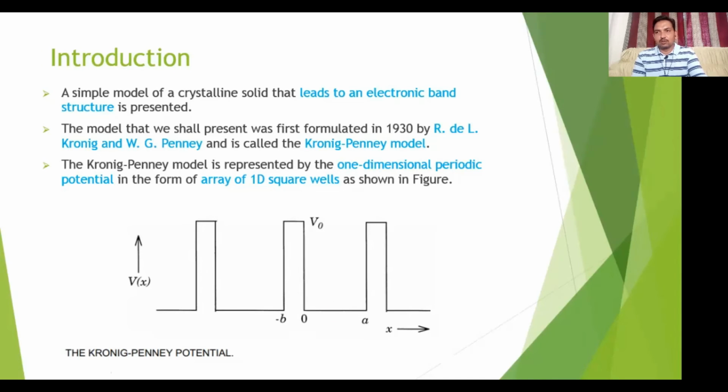So if you recall our previous concept from the Bloch function, where we said that the potential is minimum at the nuclei and maximum between the atoms, right? Sir, yes, that is what was said. And 0 to b is the space between them. Not all space.